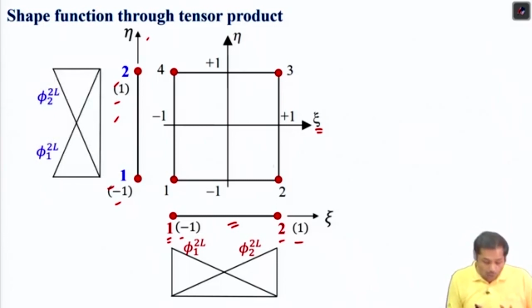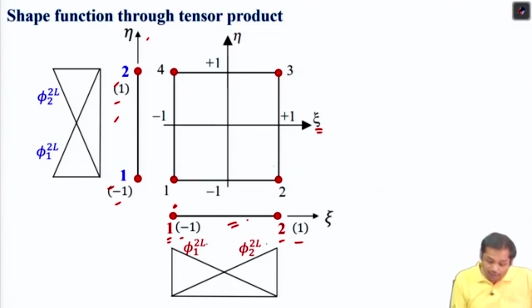The shape function is represented here as phi 2L 1. Phi 1 stands for node number 1, which is the element level node for this element, and phi 2 is the shape function associated with node number 2, again the element node.